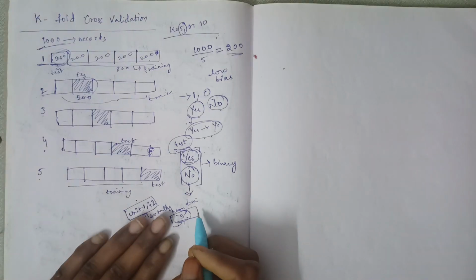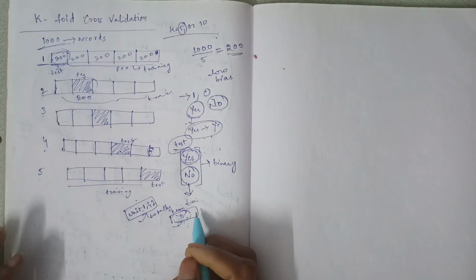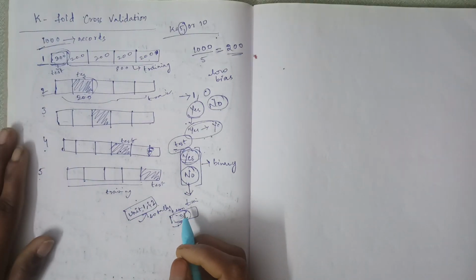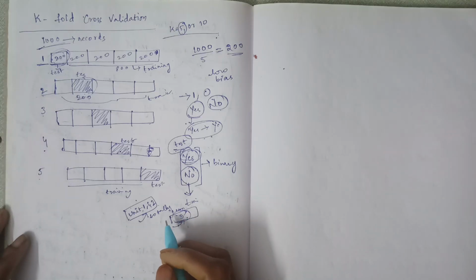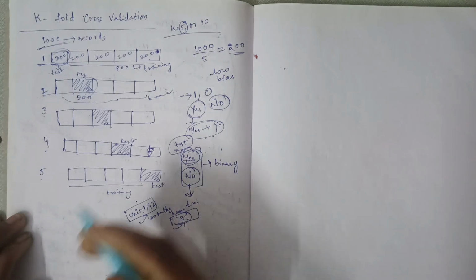This is the same way in the machine, in the case of a model also. So this is the disadvantage.